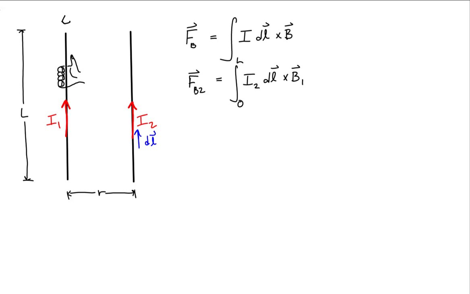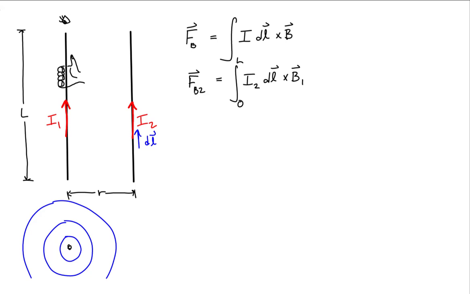If we were to look at the result of that by looking straight down onto wire 1, we would see that the magnetic field forms concentric circles around wire 1, given by the direction of our right hand.